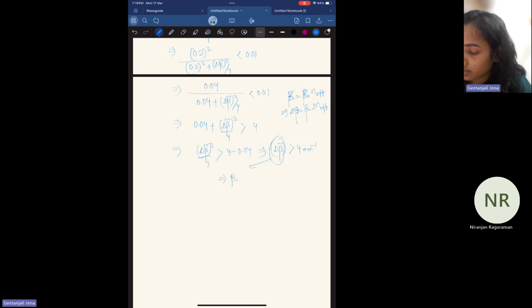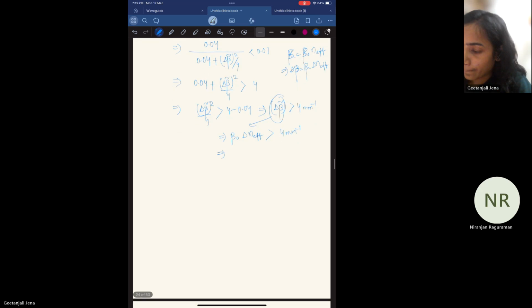So this is beta 0 delta n effective greater than 4. Beta 0 is 2 pi over lambda 0, times delta n effective. So delta n effective will come around 4 over beta 0.